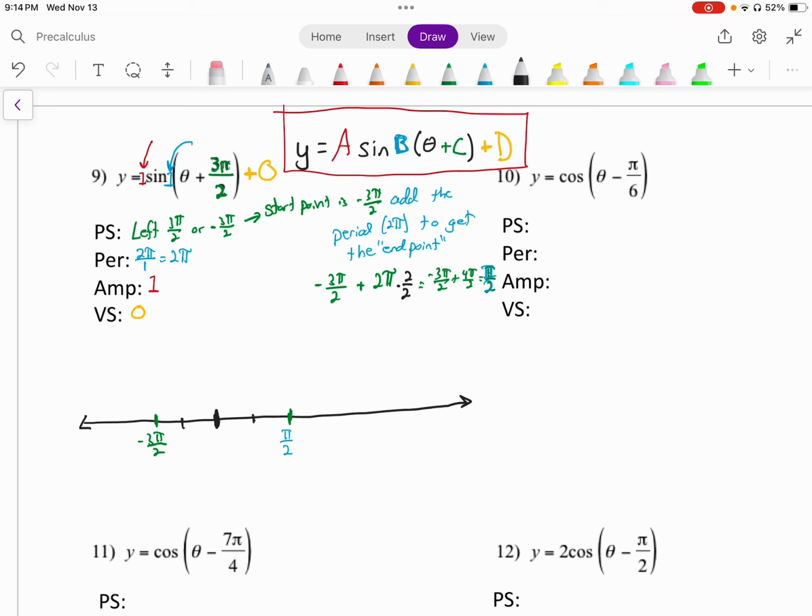And you can think through this different ways. So one way is to find the average. So how do you find the average? Well, you add 2 things together. So negative 3 pi over 2 plus pi over 2. So you add them together and then divide by 2. So negative 3 pi over 2 plus pi over 2 is negative 2 pi over 2 divided by 2, which actually is negative pi over 2. So that's negative pi over 2.